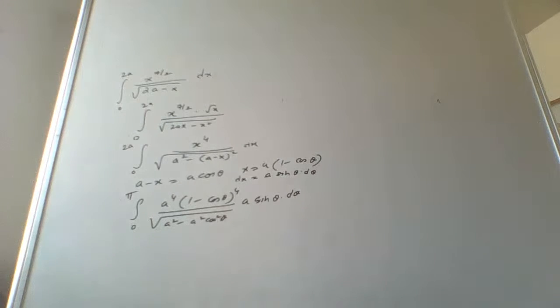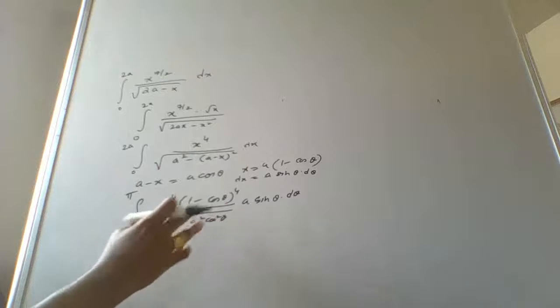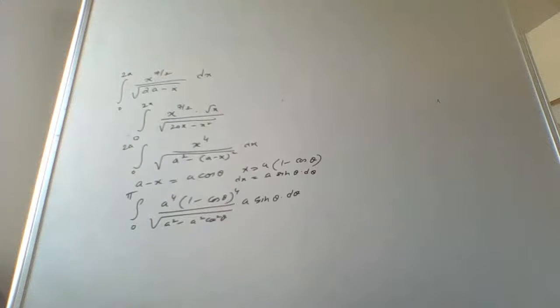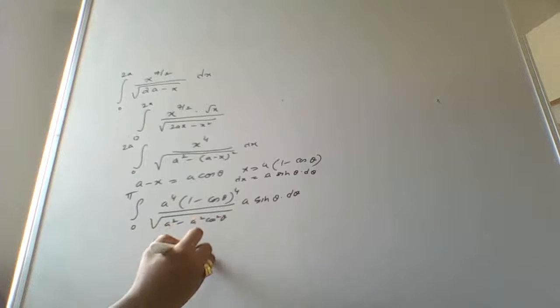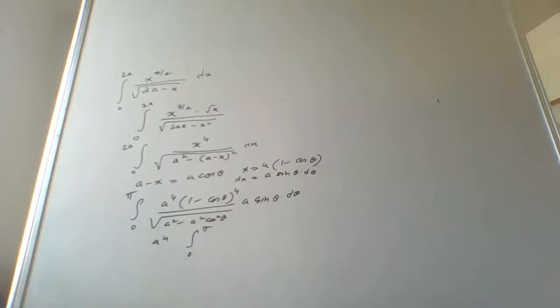Now, if you look at this, 1 minus cos square theta is sine square theta. So the root gets cancelled, and sine theta gets cancelled. So you'll be left with only a power 4, 0 to pi.